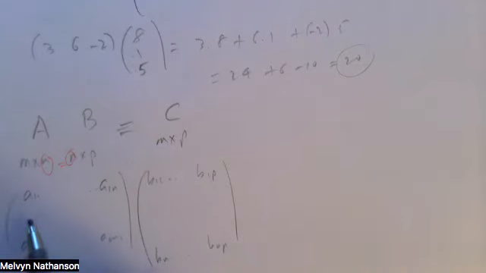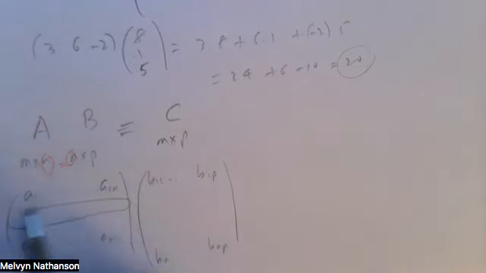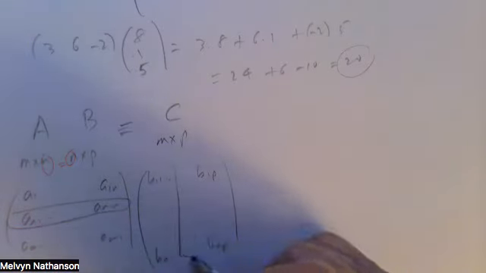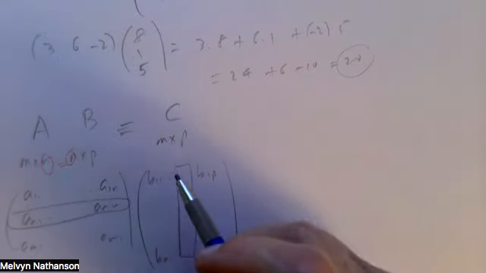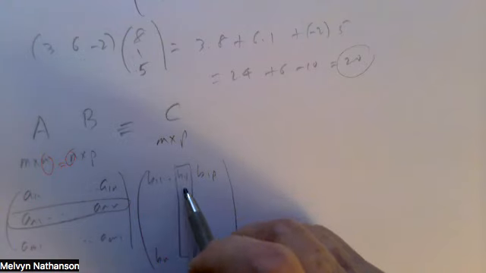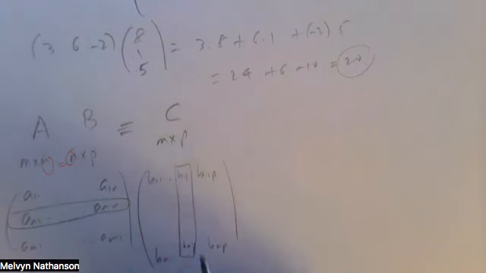In the matrix A, you have the ith row, AI1 up to AIN. And in the matrix B, you have the jth column, B1J down to BNJ.